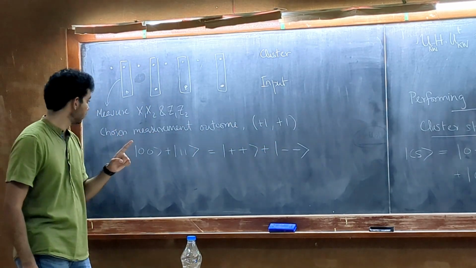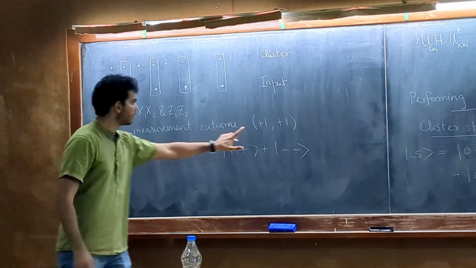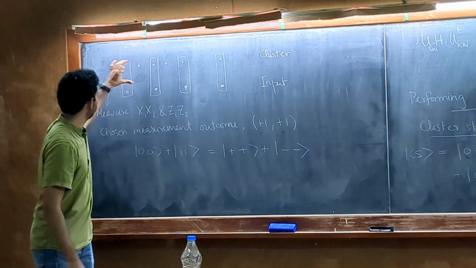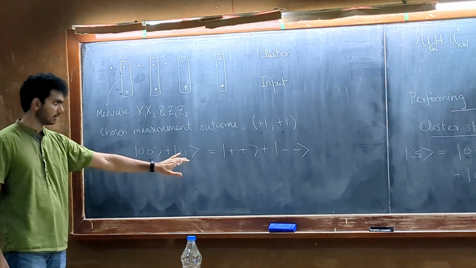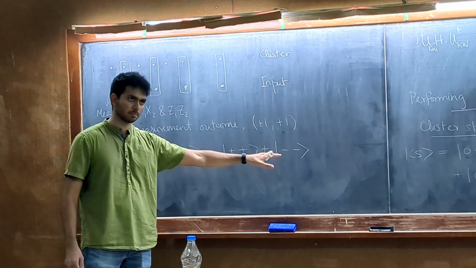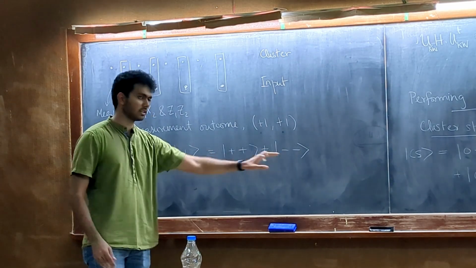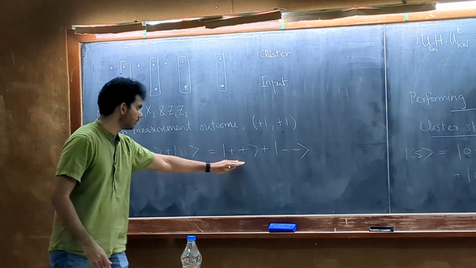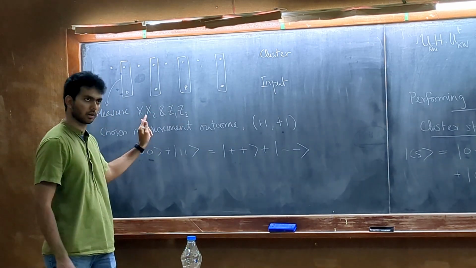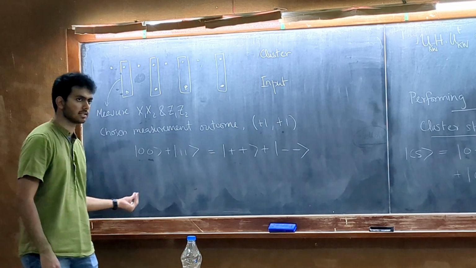If it's a +1 +1 outcome, then these two qubits after measurement will be in the 00 + 11 state, which is equal to plus plus plus minus minus. You can expand this out and see that they're the same, or you can see that this state has eigenvalue +1 under both of them, so it has to be the same.